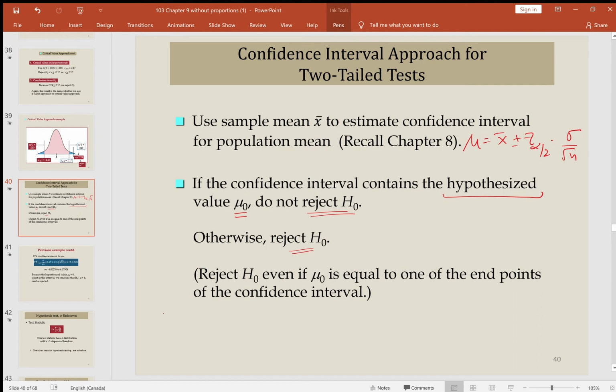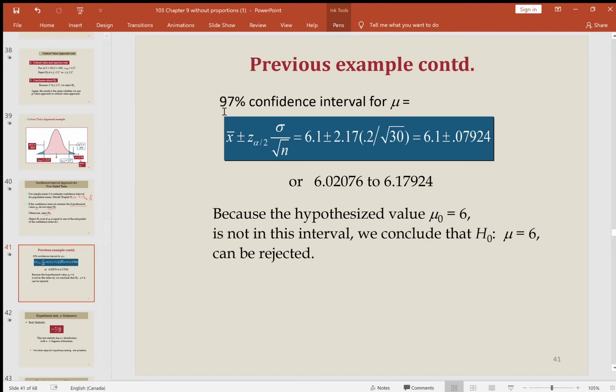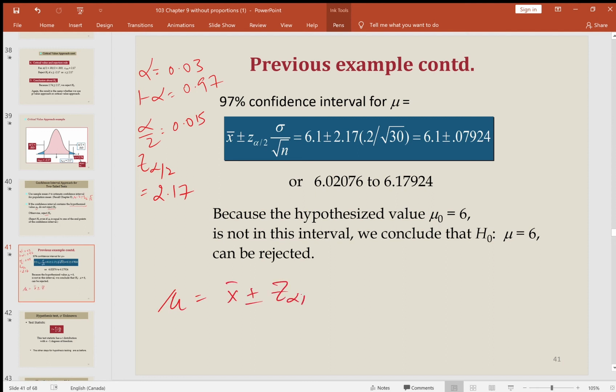We reject the null even if mu naught is equal to one of the endpoints of the confidence interval. In the previous example, alpha is 0.03, so confidence level 1 minus alpha is 0.97, alpha by 2 is 0.015, and z alpha by 2 is 2.17. So mu is x bar, 6.1, plus minus 2.17 times 0.2 divided by square root of 30.